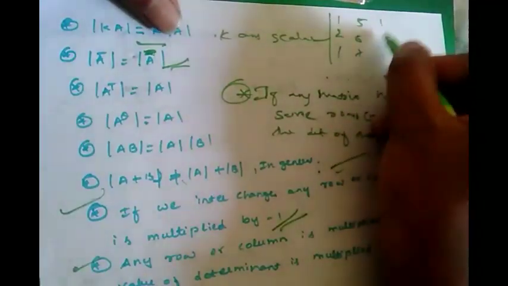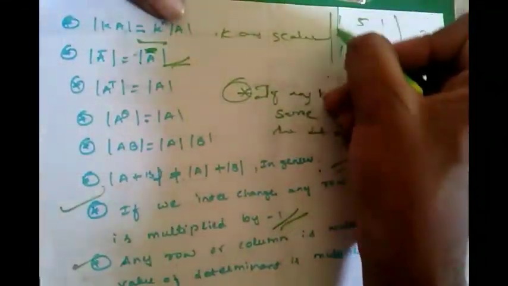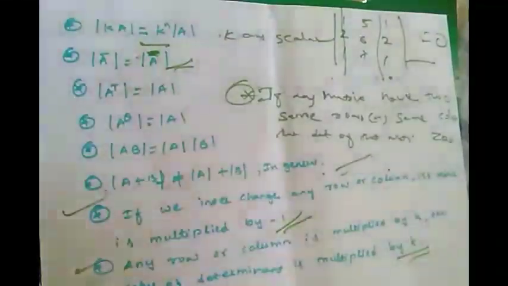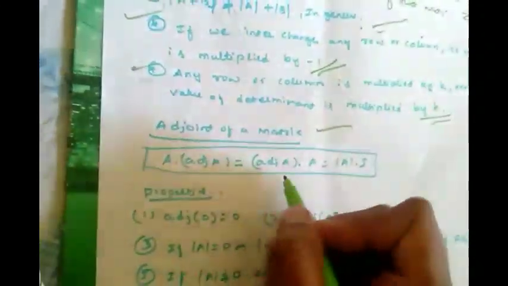Suppose the example 1 2 1, 5 6 7, 1 2 1. If this matrix is given, the determinant is 0, because these two rows are identical. If any two rows or two columns are identical, then the determinant of that matrix is 0. Remember this note.